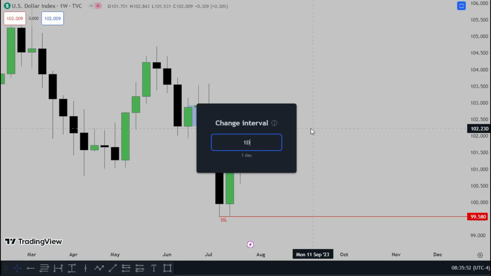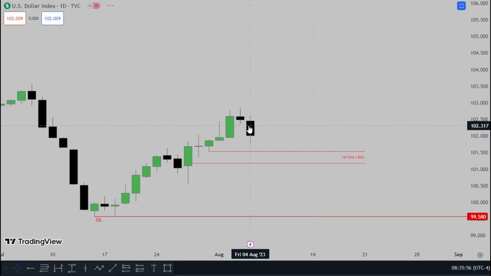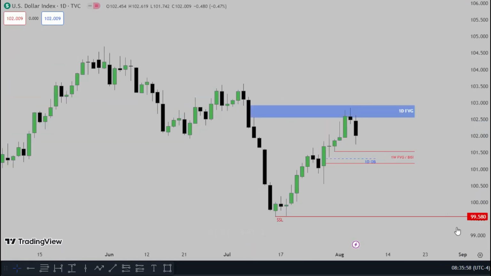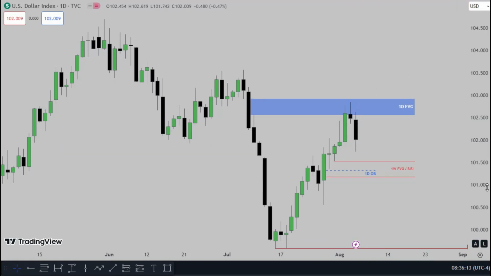Now going into the daily time frame with the dollar index, if you pay attention, we've got a fair value gap that is within the 1 week order block range. So these are 2 supporting components for why we should be expecting price to move bearish.